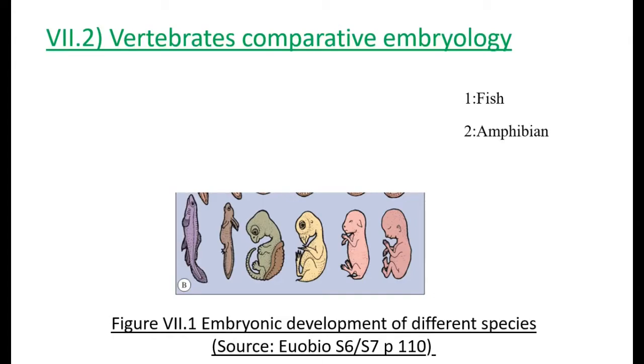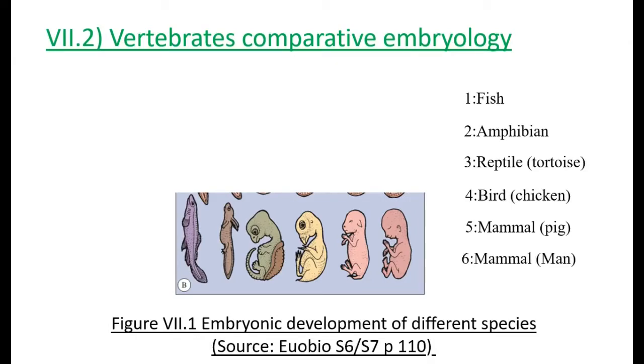So we've got an amphibian. Number three, you can see that there is some kind of shell, a bit like a tortoise. Number four, you can see some kind of beak. It's a bird. Number five is a mammal, and it's a pig. And number six is a human.